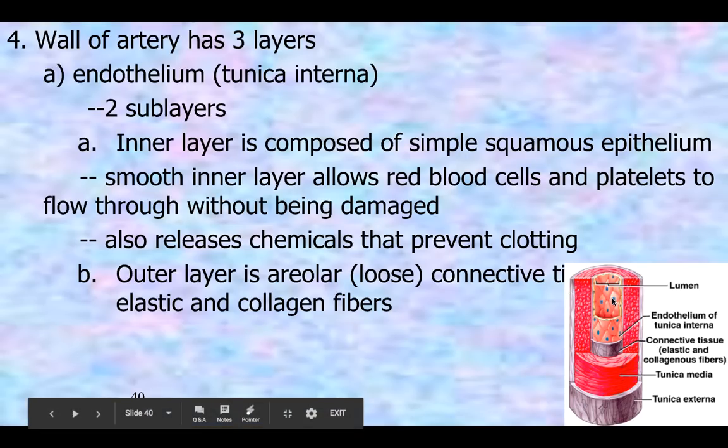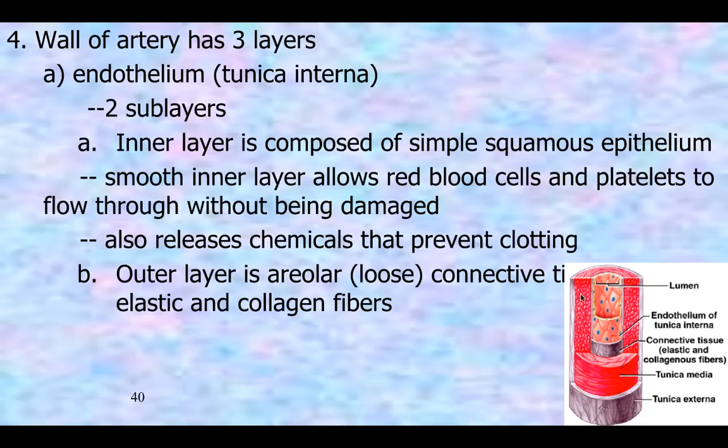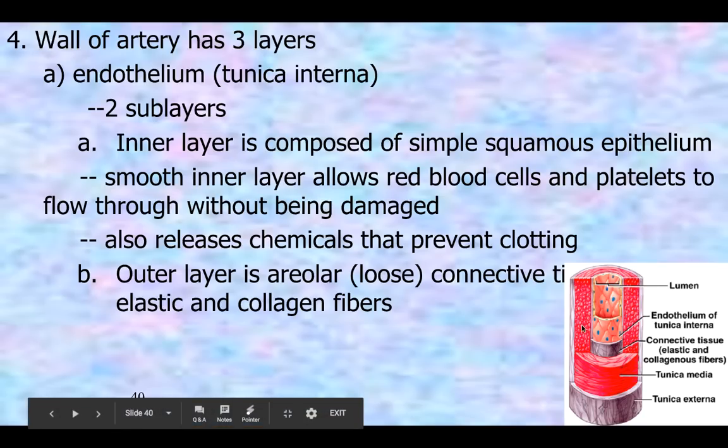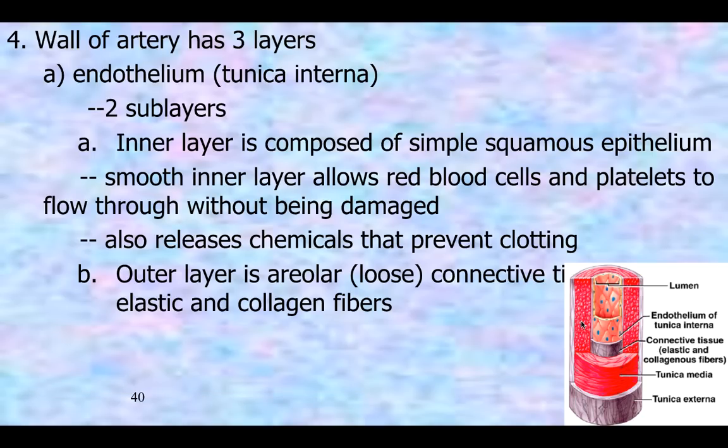We need to connect that tissue to this middle layer, which is, if you look at my cursor here, a thicker layer of muscle. So we need a connective tissue to connect the epithelial tissue to the muscle, and so we use areolar or loose connective tissue. So both of those layers, the simple squamous epithelial and the loose connective tissue, are all part of this tunica interna or endothelium that lines the inside of an artery.